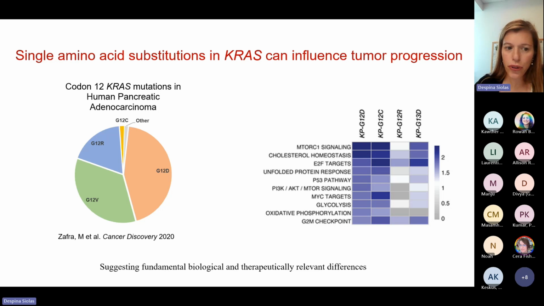However, there's also a G12V mutation and a G12R mutation. And what has also come to light is that even though these are single amino acid substitutions at codon 12, they can actually affect tumor initiation, progression, and signaling.